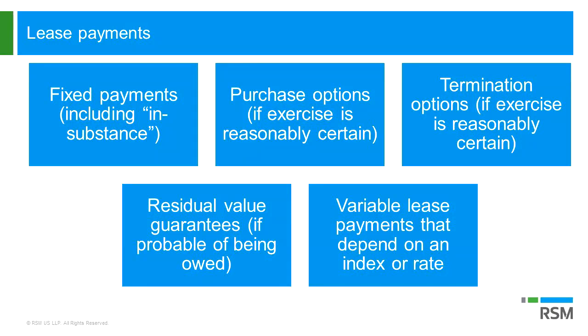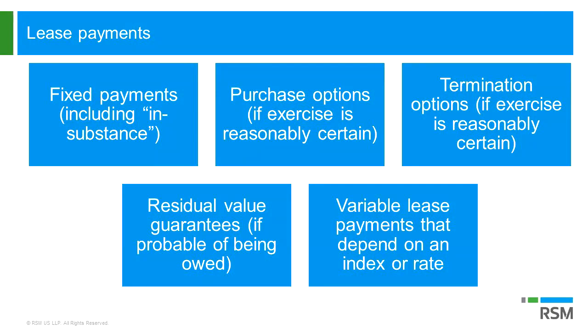Fixed payments are those required by the contract, and in-substance fixed payments are those that are described as variable or appear to contain variability, but the contract terms require the payment of some unavoidable amount. An example being a lease that requires a lessee to pay 1% of its sales subject to a minimum sales figure to be used.